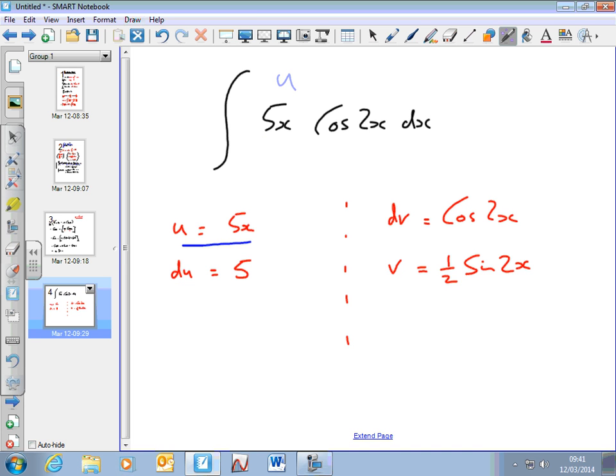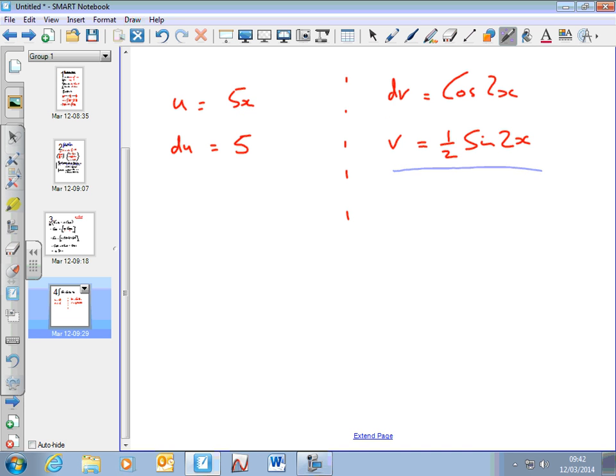Look, if I let u equal 5x, the differential is 5. So the next bit I call dv. So dv is cos 2x, and whatever I call dv, I have to integrate, so v is a half sine 2x.